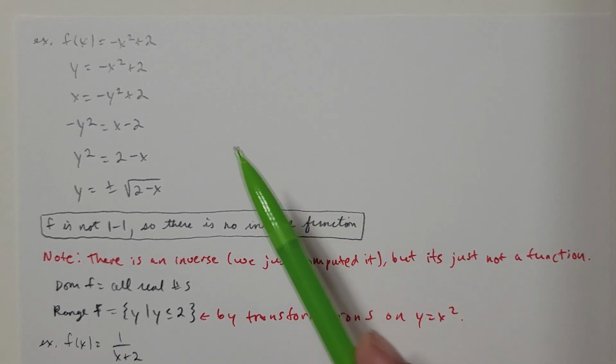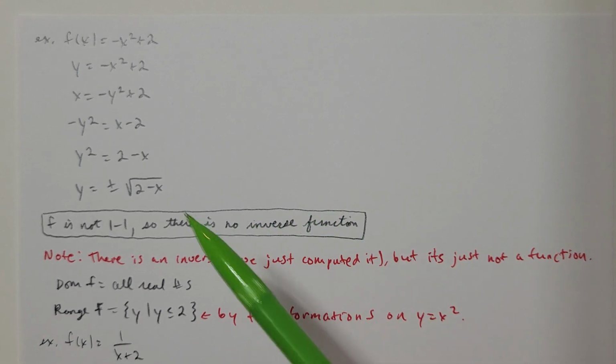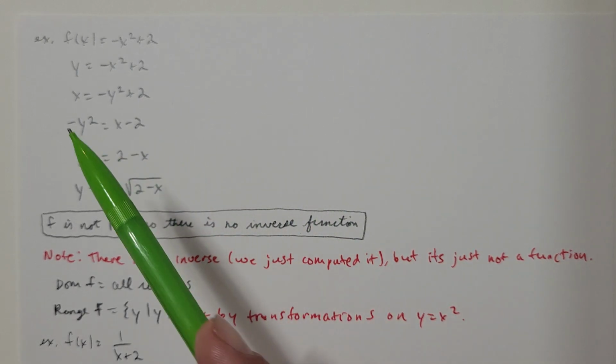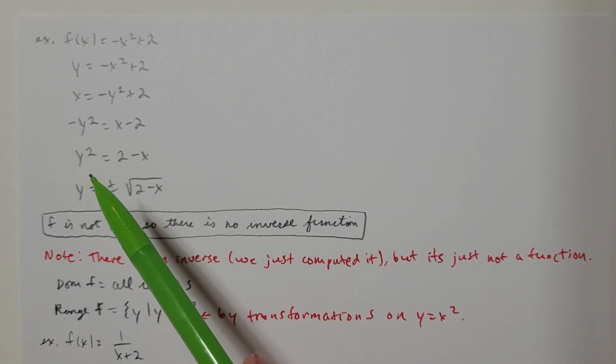Let's see. So I'll call this y. Y and f of x are the same thing, right? So y equals negative x squared plus 2. And finding the inverse, it's all about switching x and y. So I got the equation x equals negative y squared plus 2. And I got to solve that for y. Okay, let me subtract 2 from both sides, and then multiply both sides by negative 1.